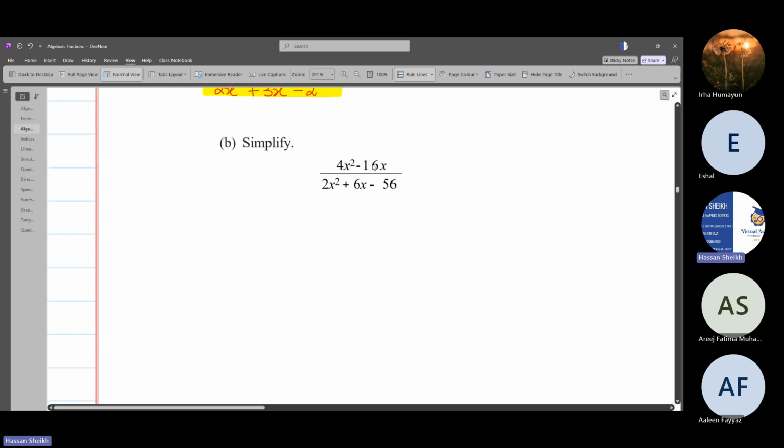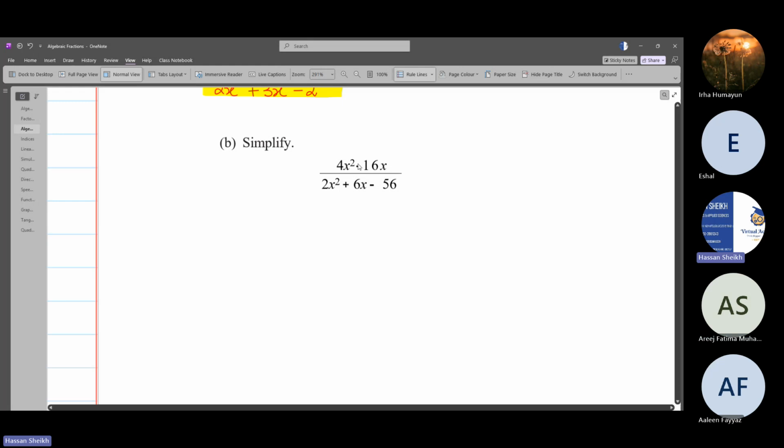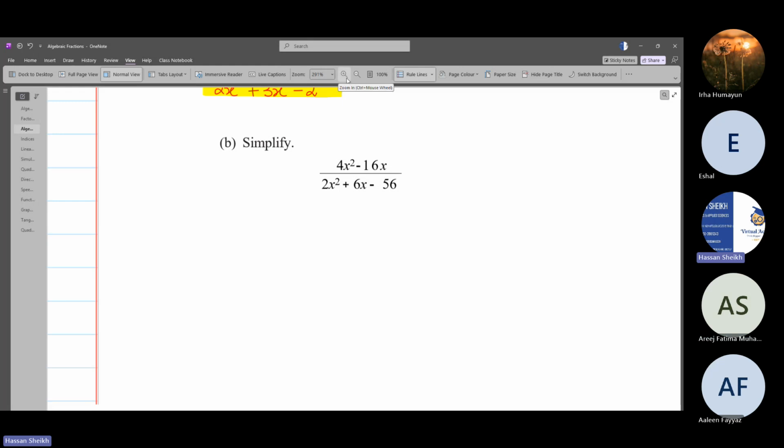Number two is quadratic formula, which we have just covered. And number three is the completing the square method. If the maximum power of the variable is 2, we call it quadratic equation. Always remember that a quadratic equation will always give you two answers.